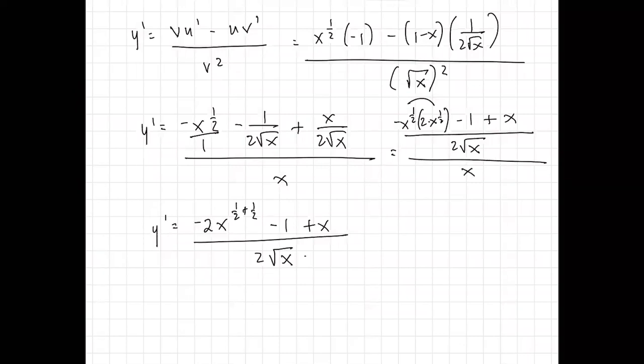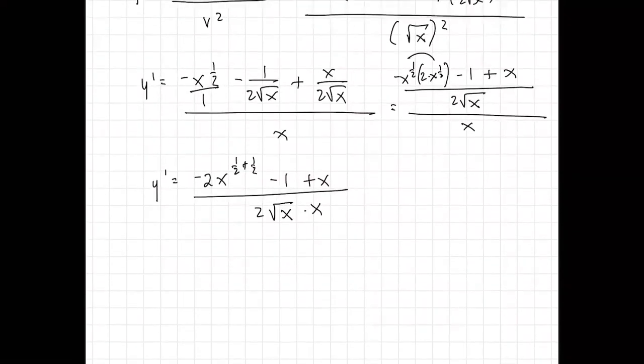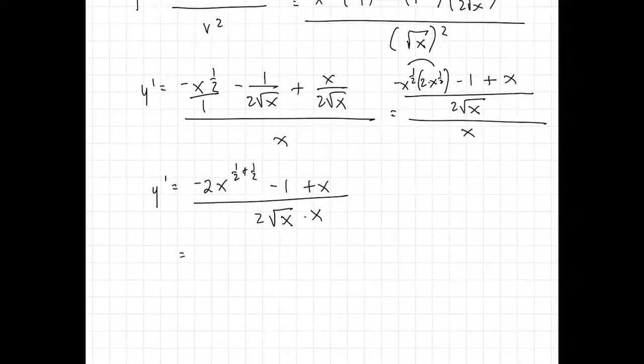Okay? Times x. Okay? So we have negative 2 x raised to 1 minus 1 plus x all over. So pwede natin pagsamahin to, itong dalawang x na to. So magkakaroon itong 2 x 1 half times x raised to 1.